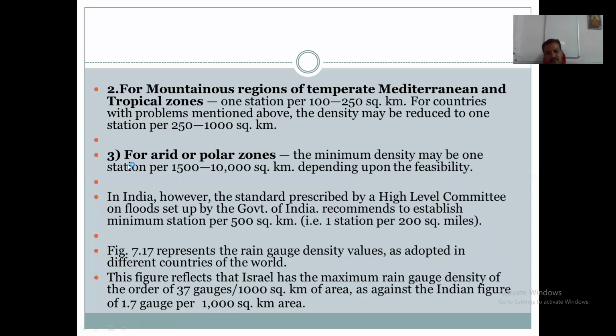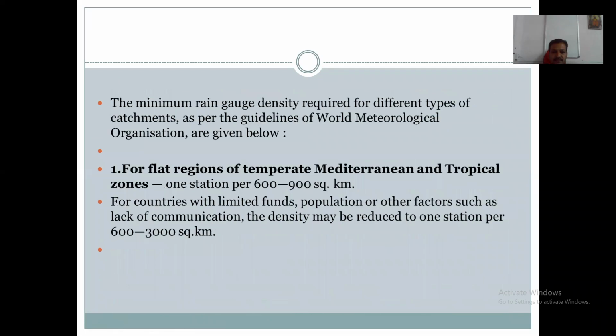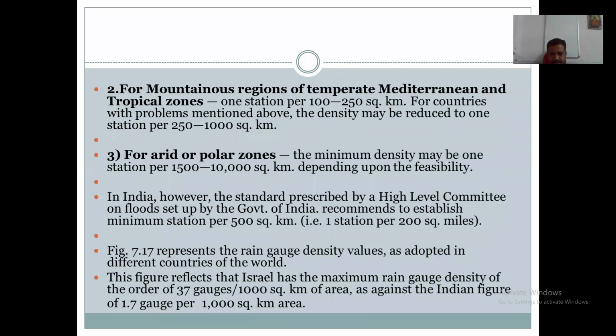Third, for arid and polar zones. Polar zones means towards the polar regions in Antarctica, or for arid zones, polar zones. How much is the minimum density of this rain gauge to be provided? Minimum rain gauge density for these arid and polar zones.